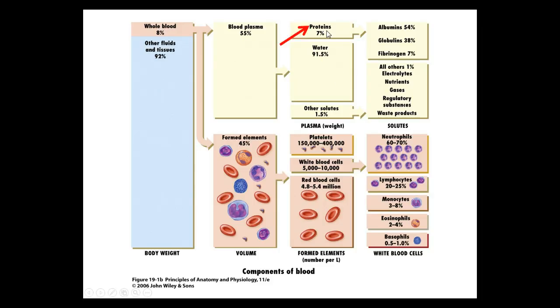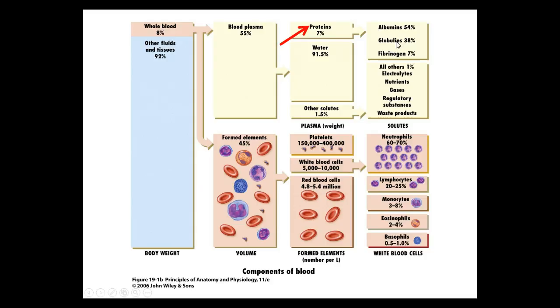A significant amount of the solutes are protein, and the proteins are made in the liver. The most abundant protein is the albumins, and we know that they are co-transporters. They affect the osmolarity of the blood.